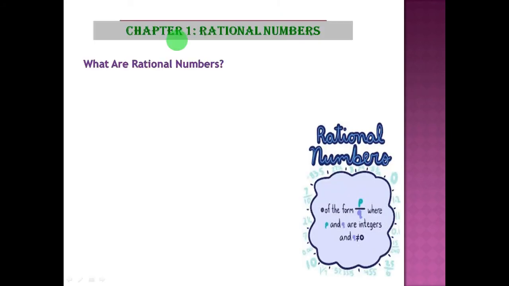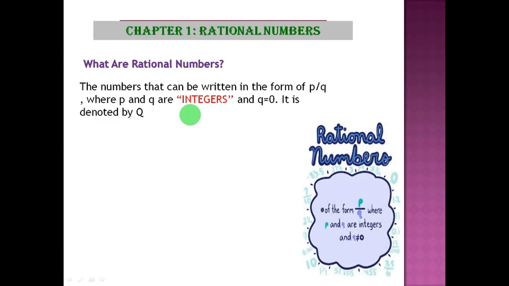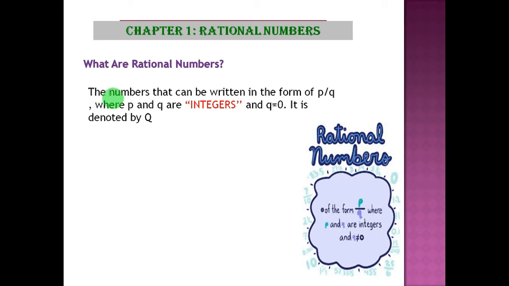Let us begin our first chapter, rational numbers. First we should know what rational numbers are. The numbers that can be written in the form of P by Q. This is like a fraction form, right?